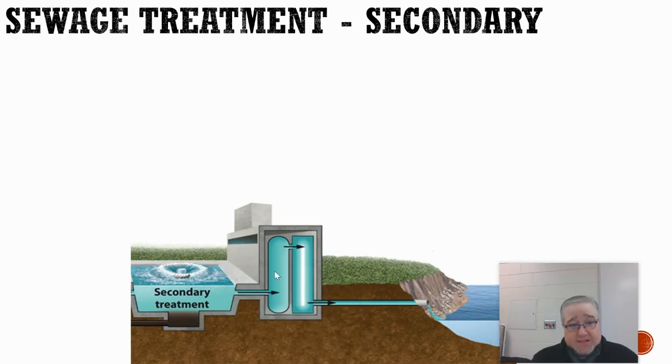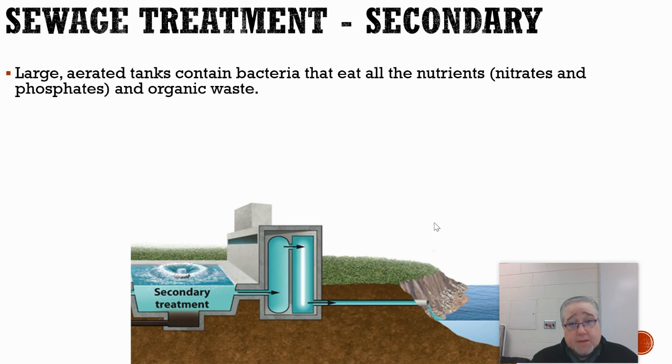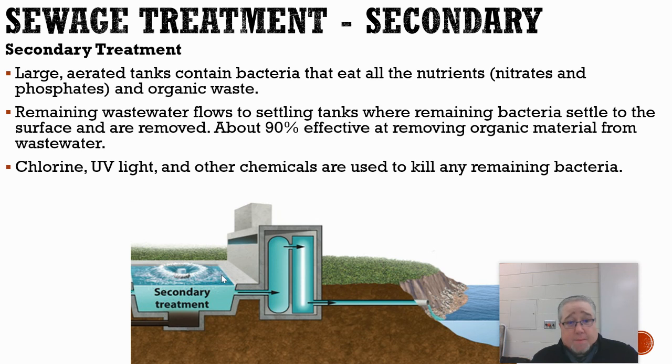Now you'll notice here in secondary treatment, again, some of that water on the bottom is black. So any remaining sludge that could be in that water is going to settle down. Again, that would eventually be carried out of there. But in this secondary tank, what we're doing is we're using bacteria.